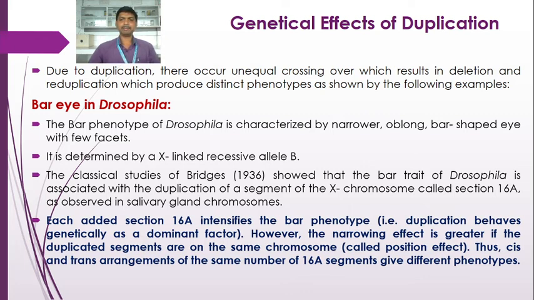However, the narrowing effect is greater if the duplicated segments are on the same chromosome, called the position effect. Thus, cis and trans arrangement of the same number of 16A segments give different phenotypes.